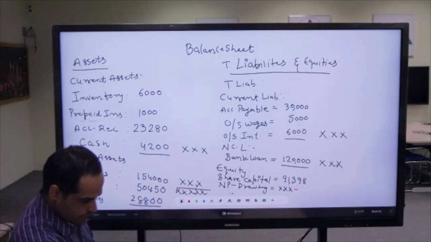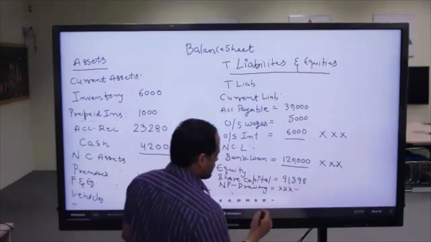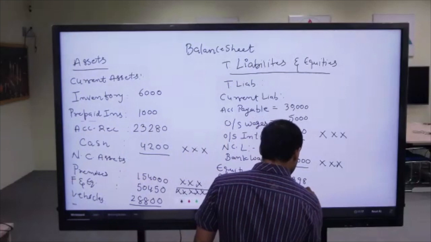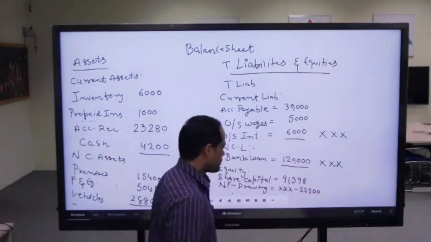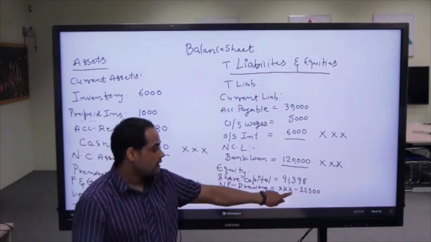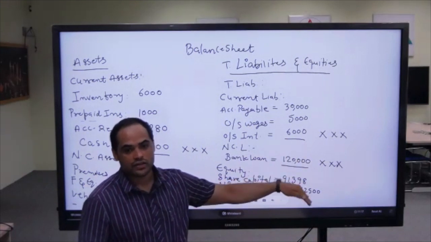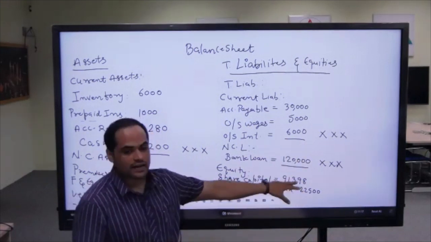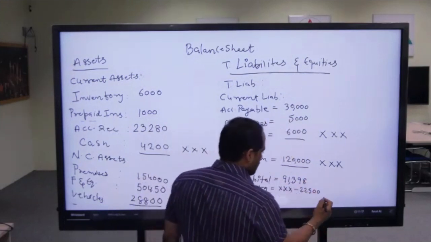How much drawing do we have? 22,500. Right? So net profit that comes from your income statement, subtract the drawing that is given in your trial balance. So this minus this, this is your net profit, all right?